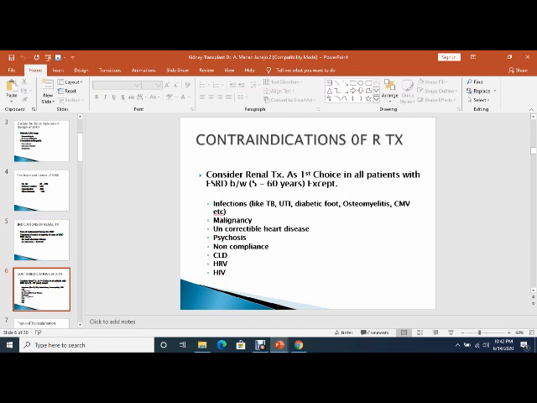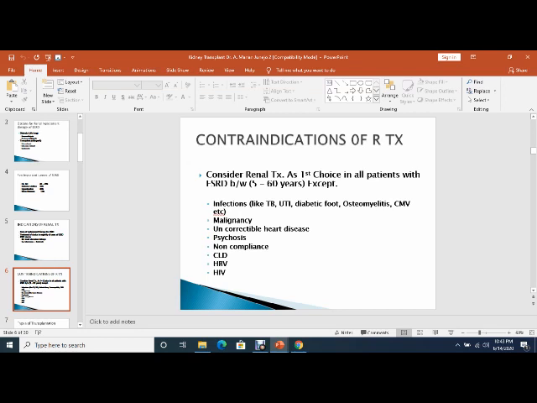Regarding the contraindications for renal transplantation, consider renal transplant as a first choice in all patients with end-stage renal disease between 5 to 60 years, except in the conditions in which it is contraindicated, like infections, tuberculosis, or recurrent UTI.